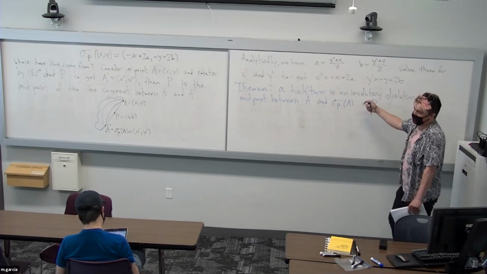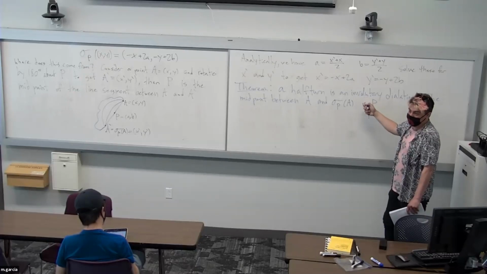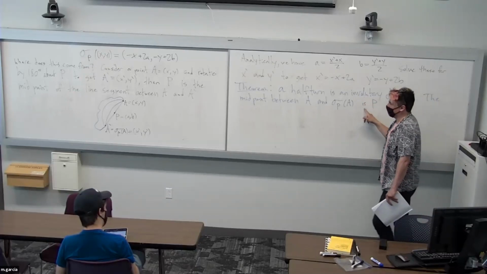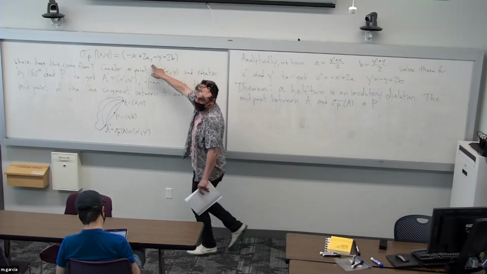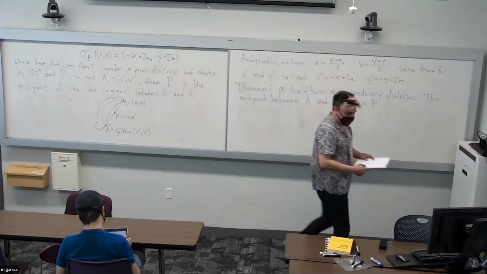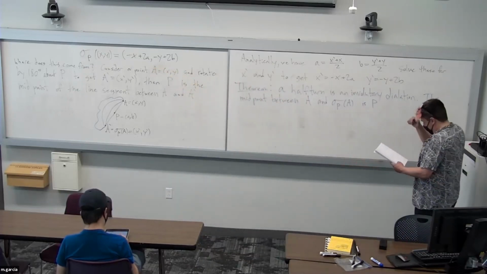We've already shown these two things. I'm just recording what we've done, right? This is how we derived the formula for a half turn.